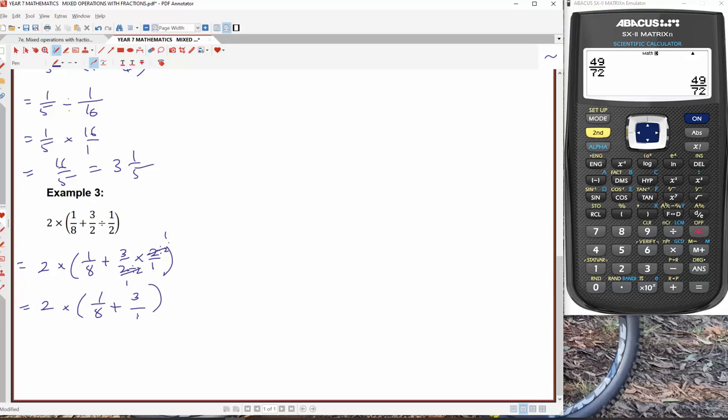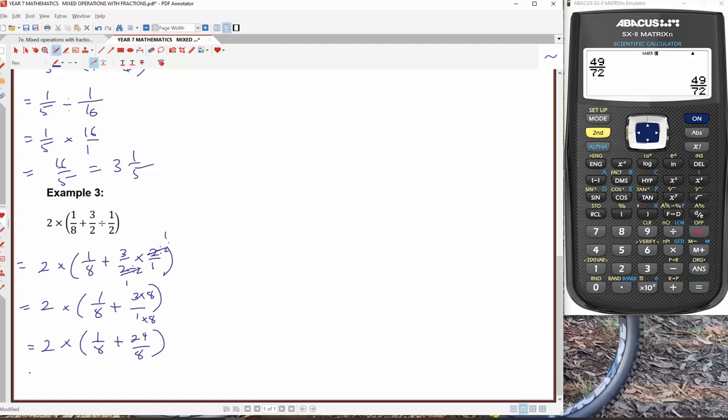Is it going to be easier if I just stick 3 and 1/8 on and times by 2? What I'll do is convert this to a fraction of equal parts. I'm going to times that one by 8 and times that one by 8. So I've got fractions of equal parts. So I've got 2 times 1/8 plus 24 on 8.